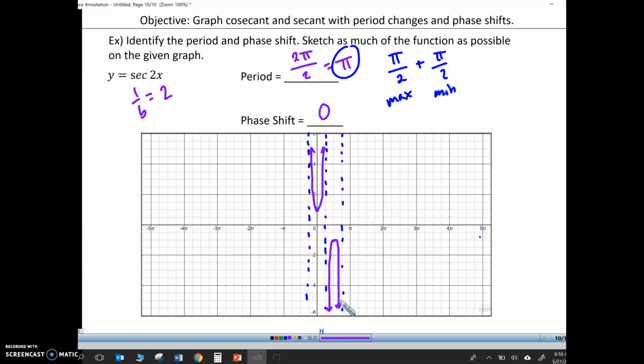Okay, and so that is one cycle, right? And notice that the period is pi, and then we repeat ourselves. So every 2 units we'll have an asymptote, 1, 2. So another vertical asymptote here. Another vertical asymptote here.